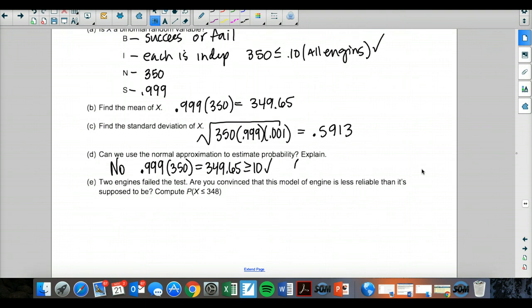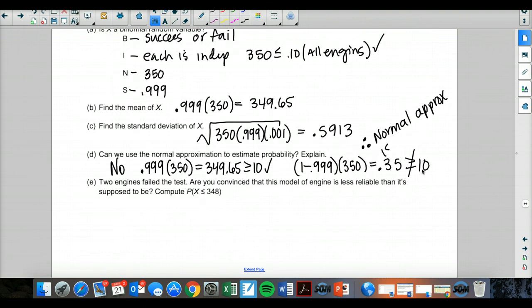But failure, 1 minus 0.999 times 350, is tiny. It's 0.35. It is not greater than or equal to 10. Therefore, normal approximation is not appropriate. Okay, so you should not be using a normal approximation here.